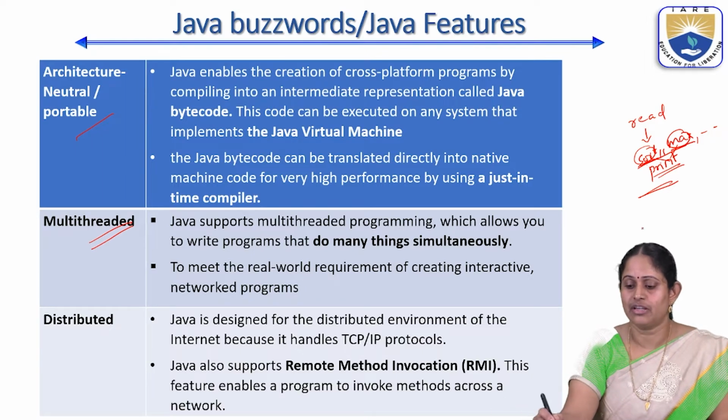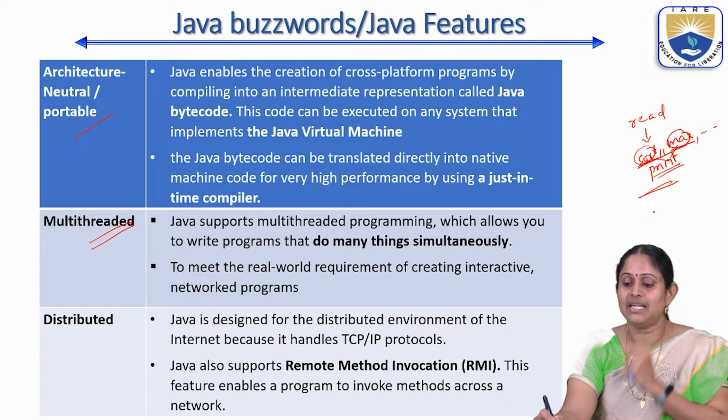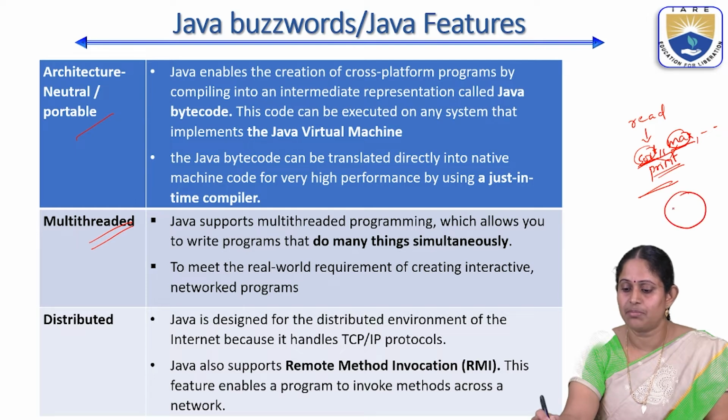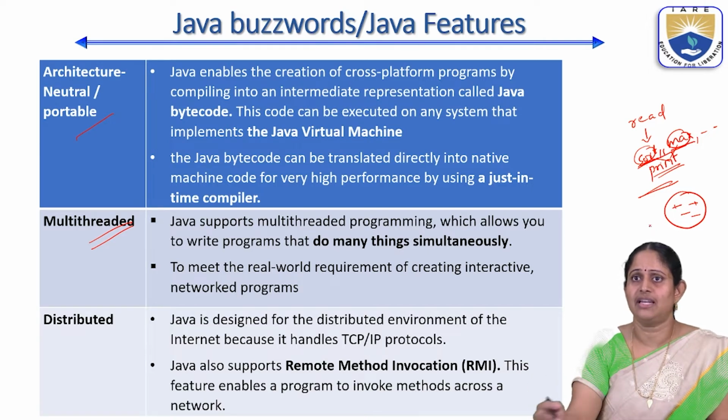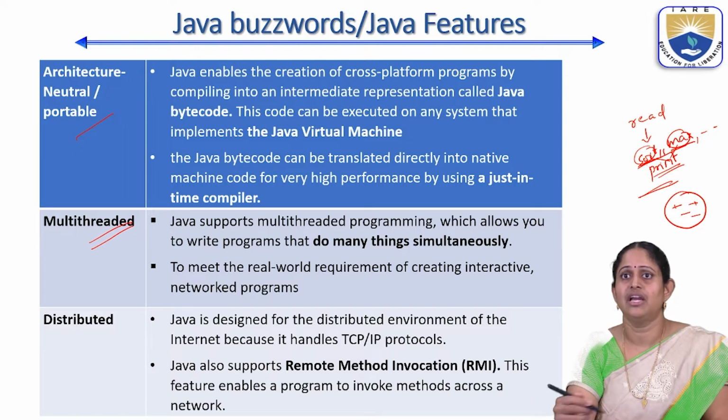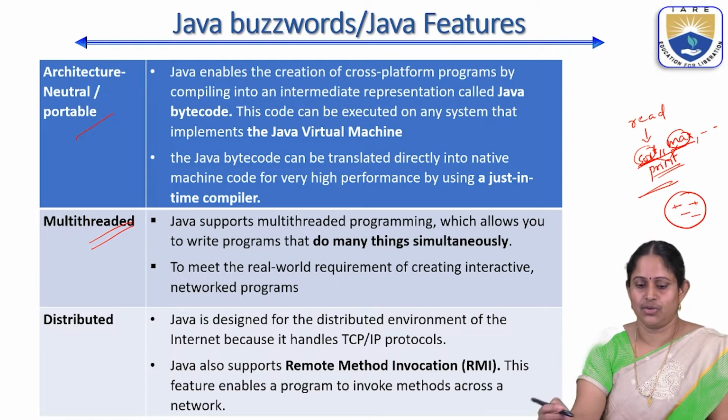So this feature is available in Java. That means you have the ability to use multiple threads. So you have one process, and in that process you can have multiple threads, each of which can be used for different functions, and they all work together. Not one after the other, they execute in parallel, because of which it speeds up the execution.